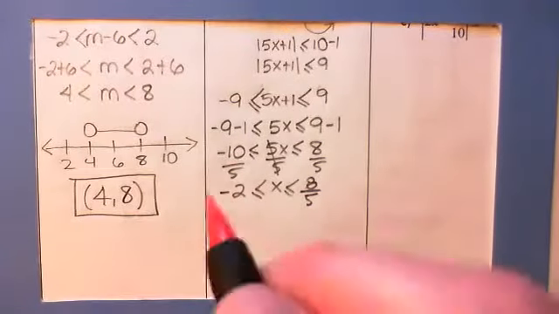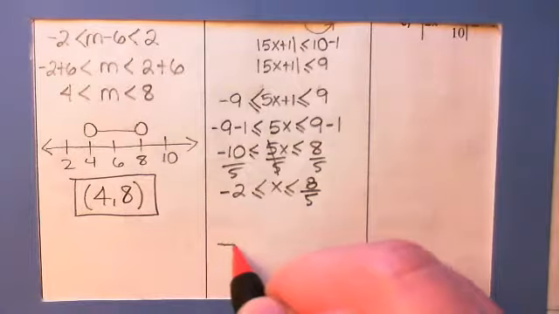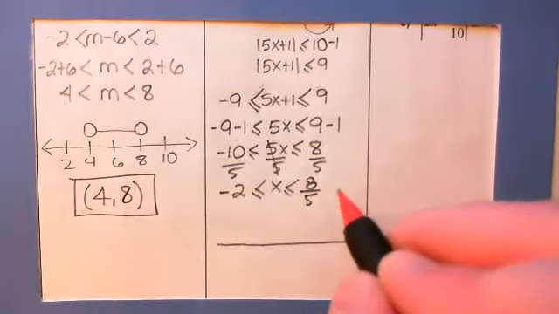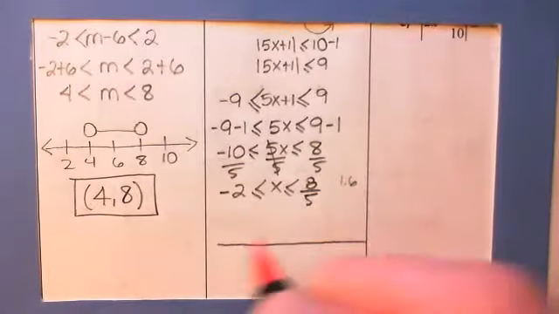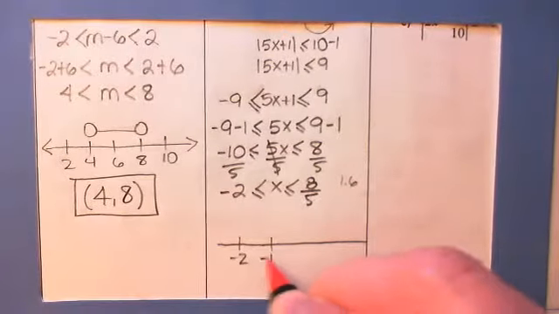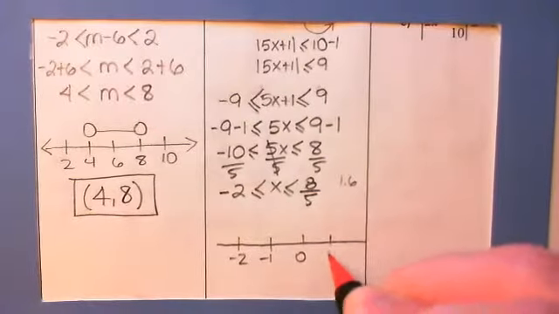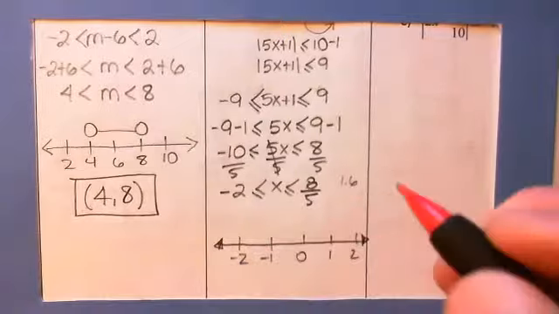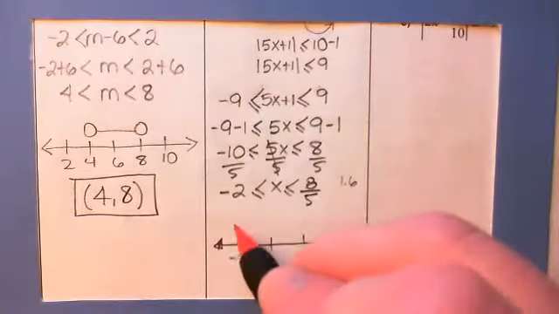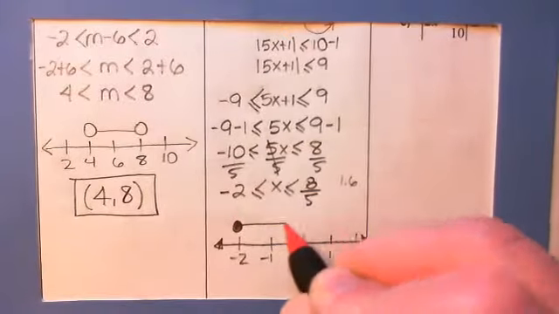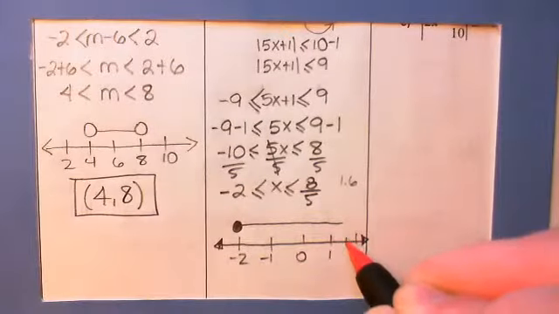So now we're just going to graph this. If you punch this in the calculator, 8 divided by 5 is the same as 1.6. So I'm going to start with negative 2, negative 1, 0, 1, and 2. My graph is going to go from negative 2 with a filled circle all the way to 1.6, which should be somewhere in here.